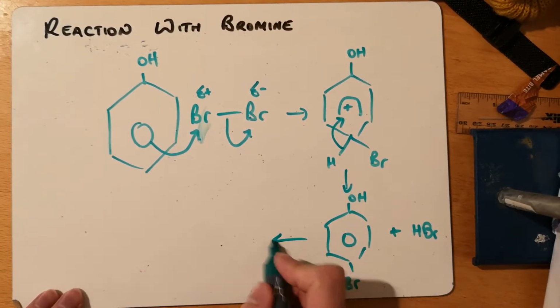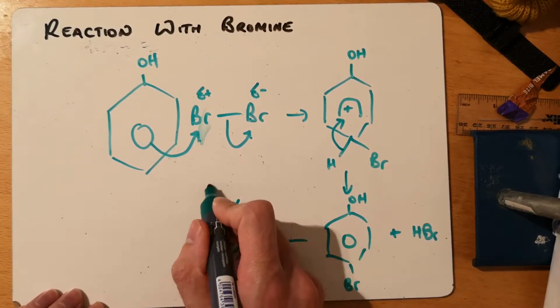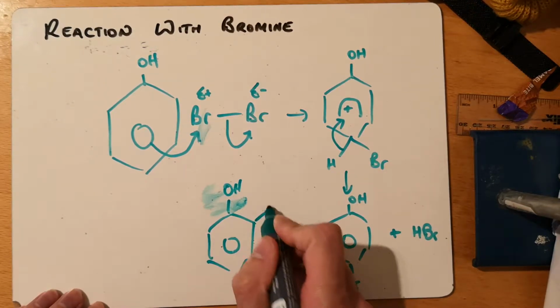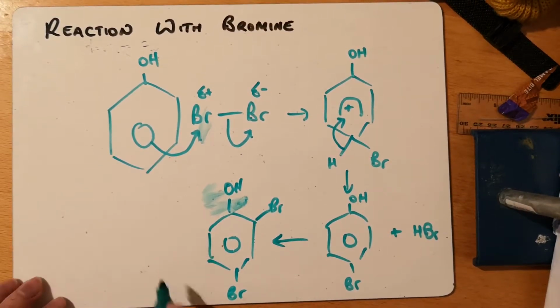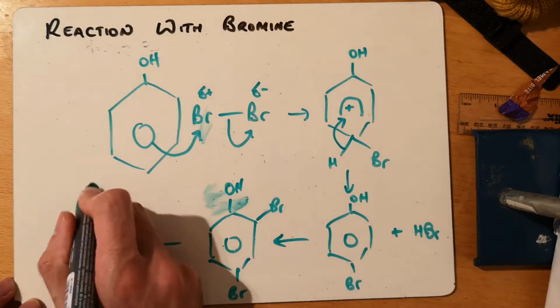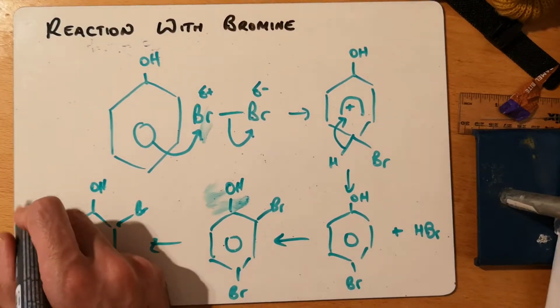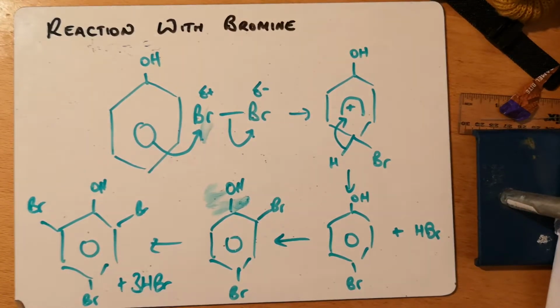So another one joins on, and we'll have our OH, another Br there, and a Br there. And there's still a space for another one to join on. So it will carry on reacting until it's added on 3 bromines, and we'll get 3 HBr as well given off.